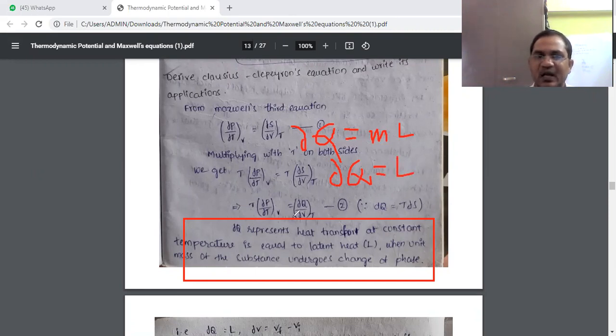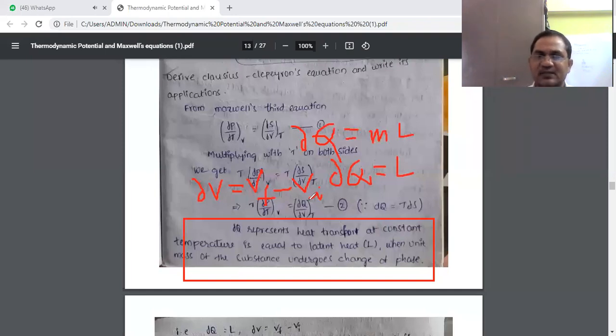Now, ∂V. What is ∂V? Change in volume. Here we are taking the unit mass. Change in volume means final volume minus initial volume, per unit mass. Vf is the final volume per unit mass and Vi is the initial volume per unit mass.